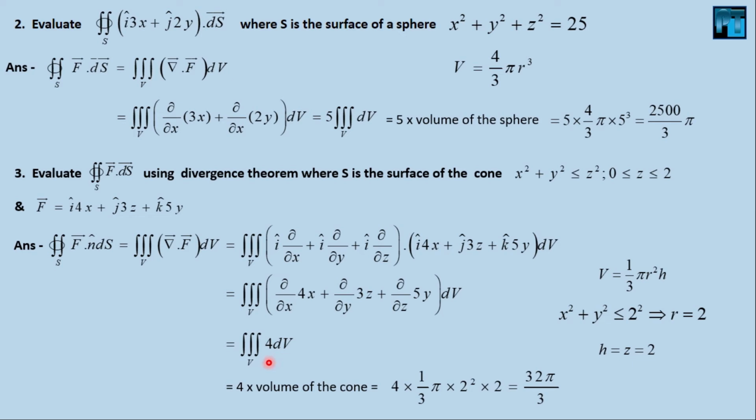So this type of direct using volume of the cone or volume of the sphere or say volume of the cylinder can be used only for the specified geometrical volumes, not for the non-geometrical volumes, like say an arbitrarily shaped stone. Then you cannot use the volume of the stone because you don't know the formula. Okay.